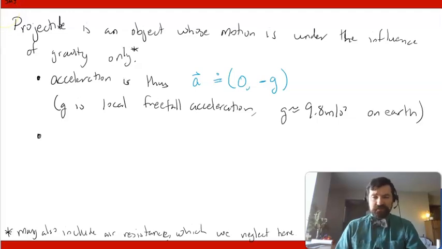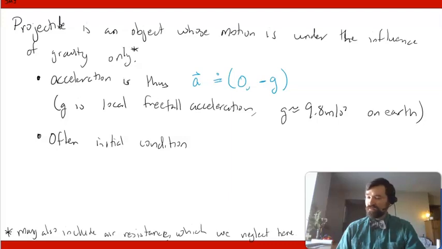The second thing that's notable here is that in addition to knowing the acceleration, you're typically given some other parameters, usually the initial parameters. So often, though not always, initial conditions are known. Now I say often, but not always, because sometimes you know the final conditions and want to predict what the initial conditions may have been.